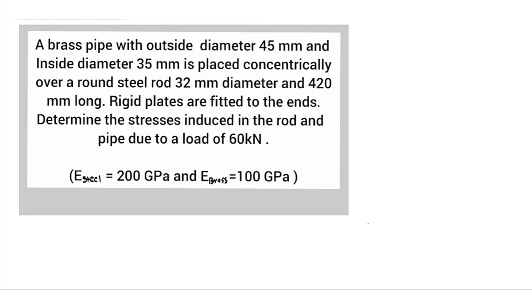Let us extract data from this problem. We've got the outside diameter, 45 millimeters, of the brass. Then we've got the other diameter also here, then the length of the pipe, then force and the Young modulus.